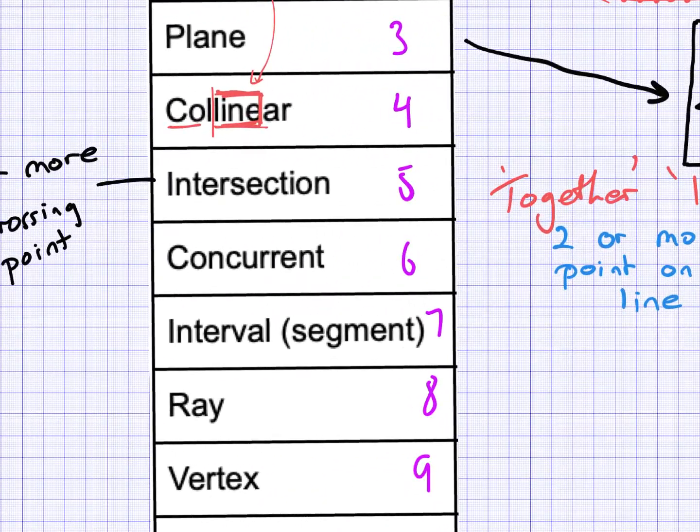Another tricky word to look at is concurrent. Now this, we'll break it down again. Concurrent means basically now, and con means together. So this word, we can think of it as meaning together, now.